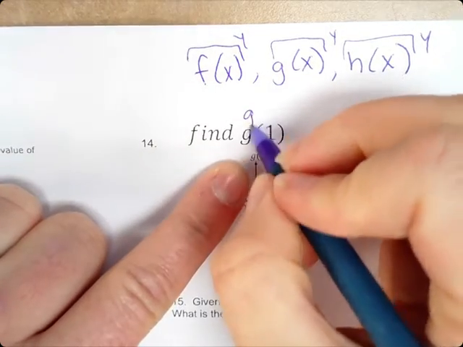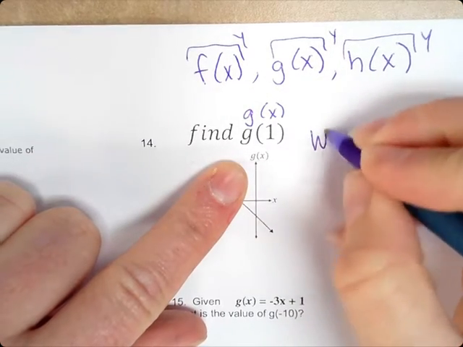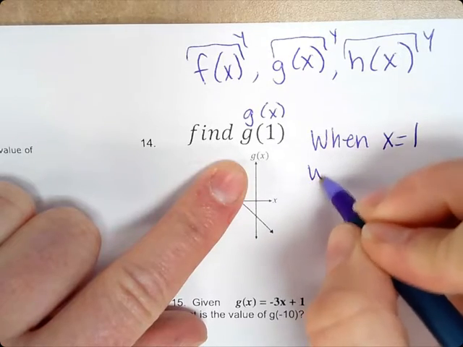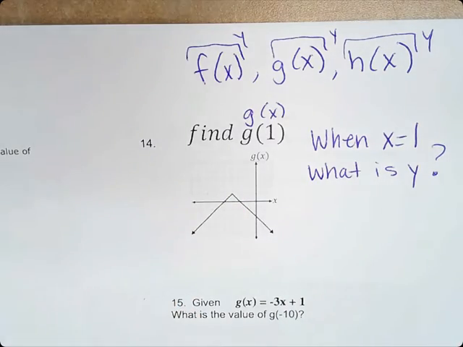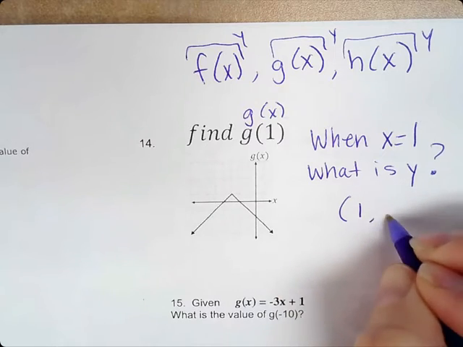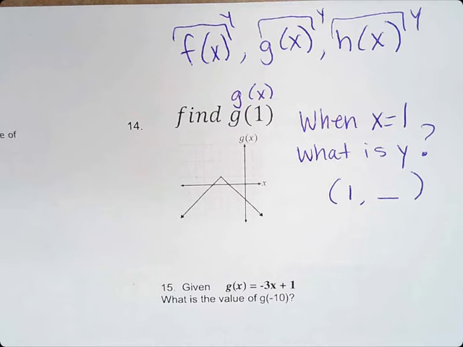So this is g. I'm going to put g of x right over the top of g of 1. So this means when x equals 1, what is y? So it's asking for the coordinate of 1, comma something. So you're going to look on that graph and see what is the point where x is 1, what is y?